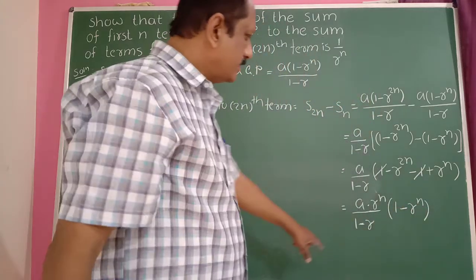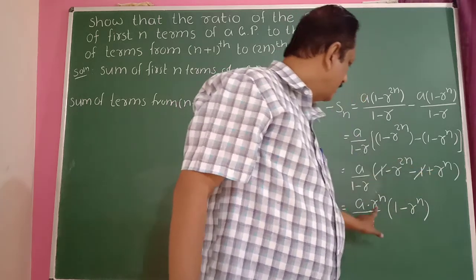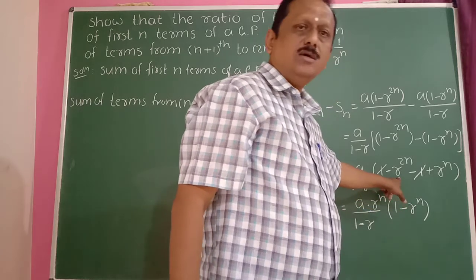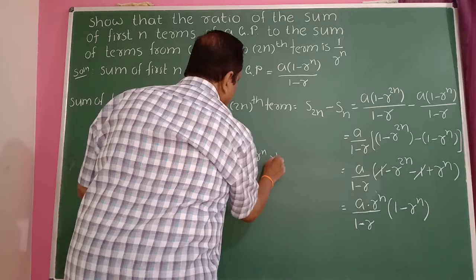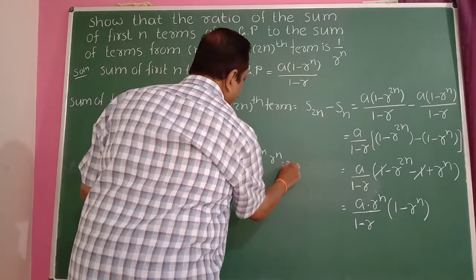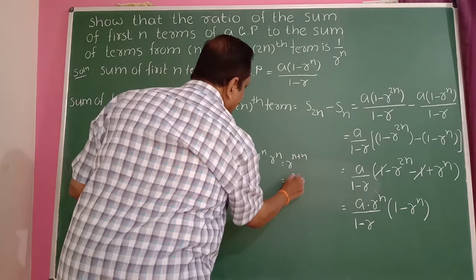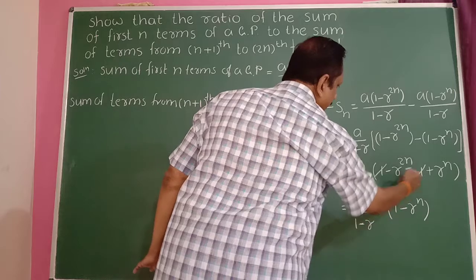Just observe here: r to the n into 1 is r to the n, and r to the n into minus r to the n gives r to the minus 2n. Like this, r to the n into r to the n, the bases are the same, so r to the n plus n, that is r to the 2n. You get the same result here.